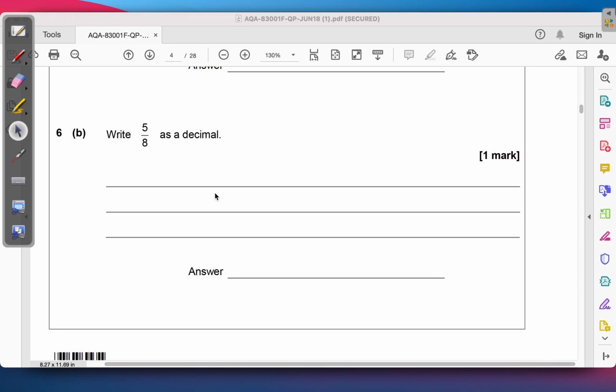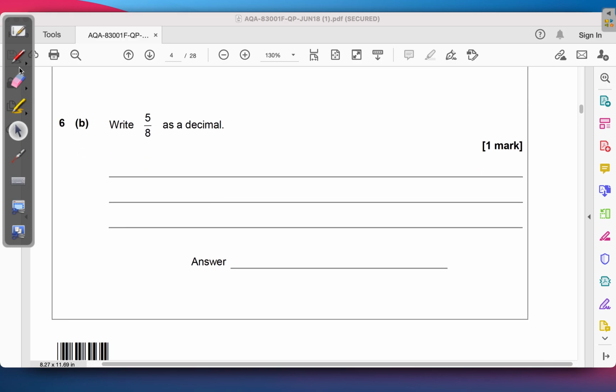Now, the next one is write 5/8 as a decimal. The way to do this is to realise that an eighth is equal to 0.125. We could do with remembering that. It's not a problem if you can't remember that, because what you could do is say, well, I know that a quarter is equal to 0.25.